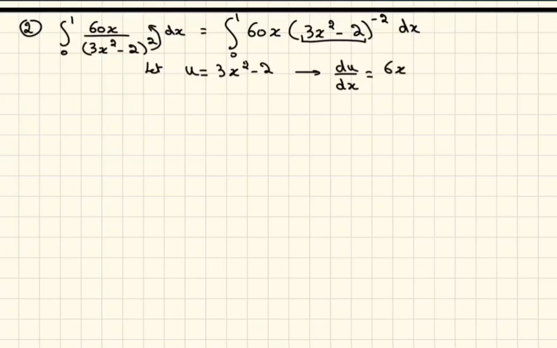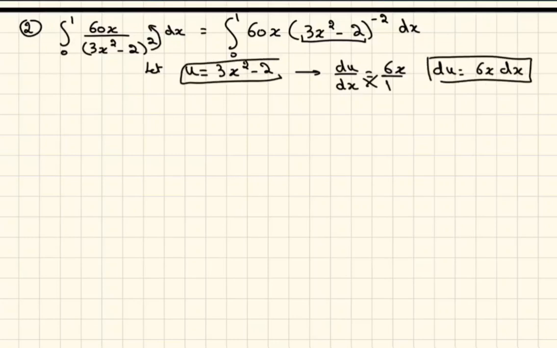The minus 2, its derivative is 0, so we don't write it. Proceeding from here, you can cross multiply, and you get du to be 6x dx. Now I will rewrite the integral in terms of u. So this integral will change from 0 to 1, 60x 3x squared minus 2 exponent negative 2 dx.